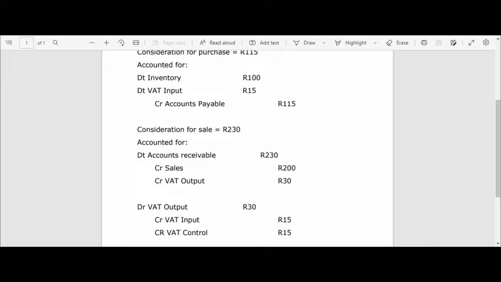Now we've got to credit that account, right? To get rid of the balance, we've got to credit it with the full amount on that account, which in this little simple example is 15 rands. In the case of our VAT output, it has a credit balance. So if we now want to get rid of that credit balance of 30 rands, what do we have to do with that account now?